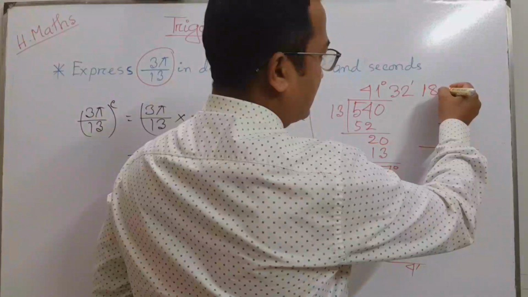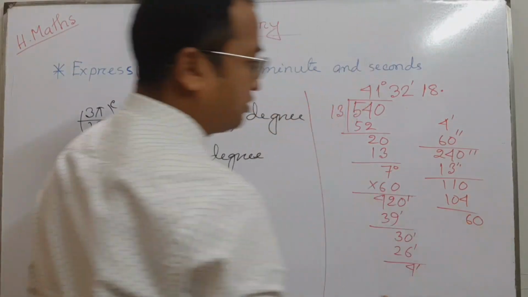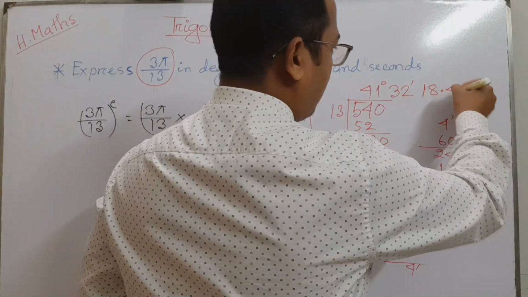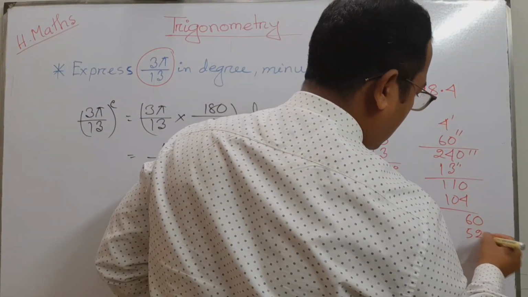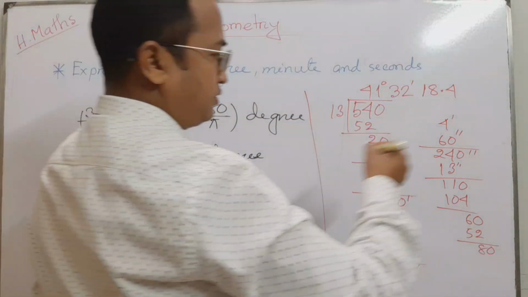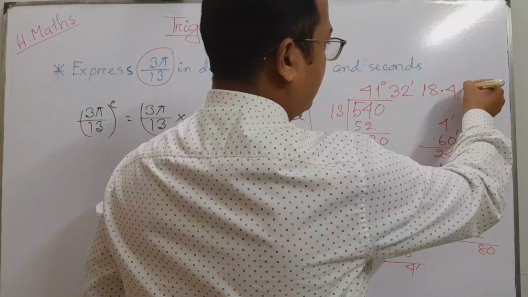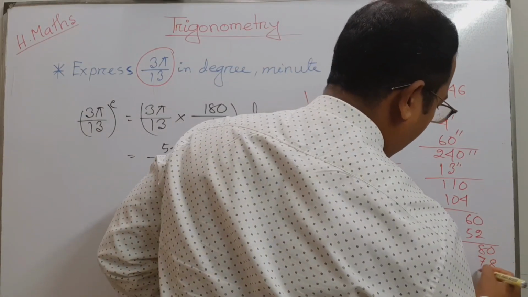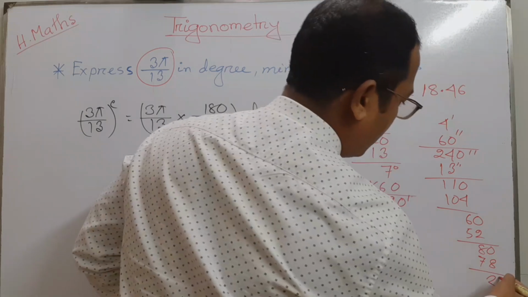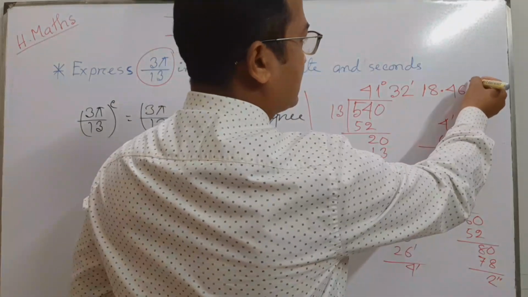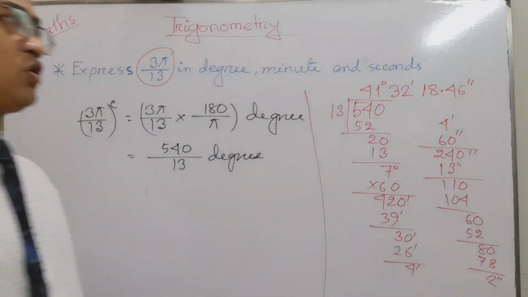And now take a decimal, give a 0 over there, then again 13 4s are 52, 80, that is 78, 2 second is left. So 18.46 second. So what do we get?